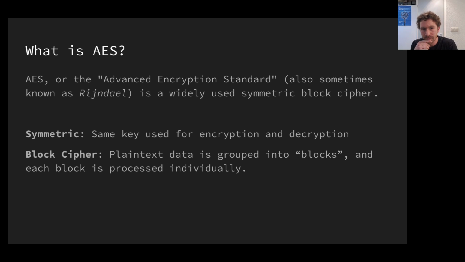Basically, the symmetric part here refers to the fact that we use the same key for encryption and decryption. You also have public key cryptography, where you have two keys: one is a private key and one is a public key, and you encrypt with the private key or the public key in some cases, and you can decrypt with the other key.